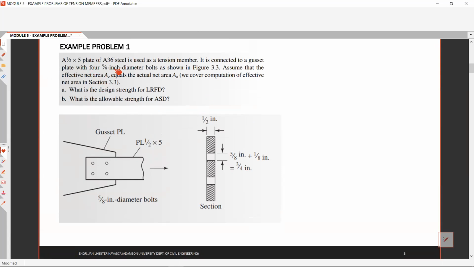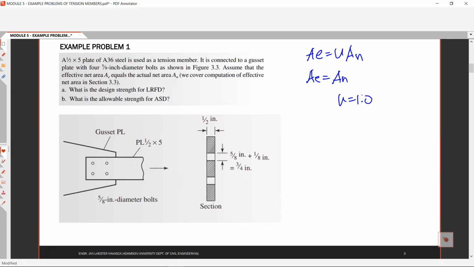According to the problem, the assumption is that Ae, the effective net area, equals An. The original formula for effective area is the shear lag factor times the net area. Therefore, our U value is equal to 1.0. As you can see, the assumption is correct because we have a tension member that is a plate.